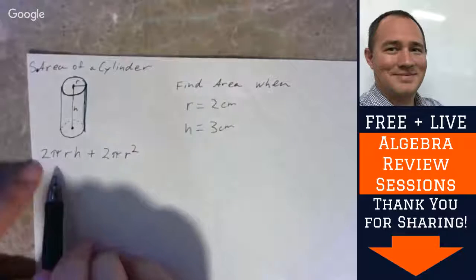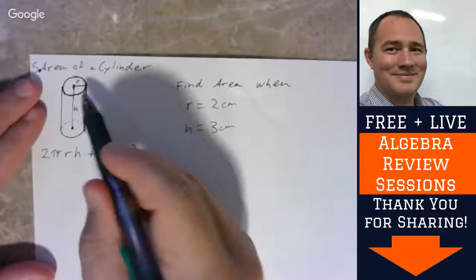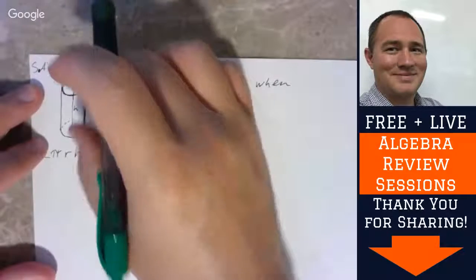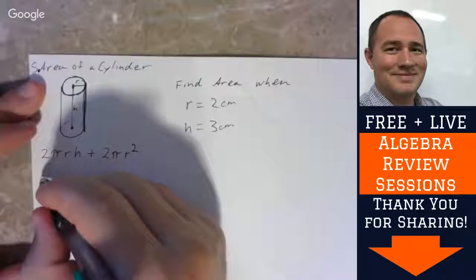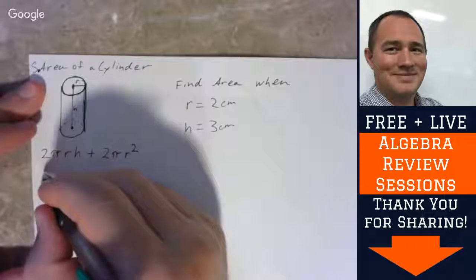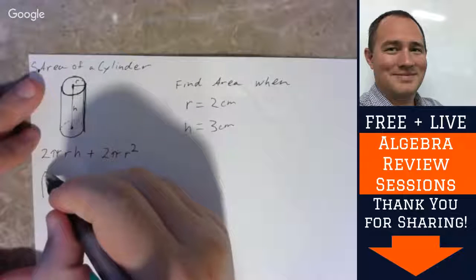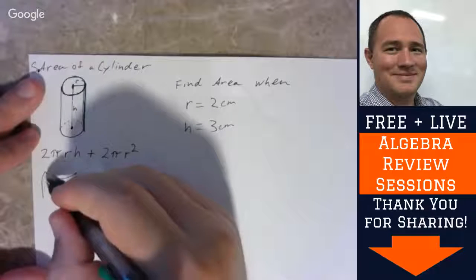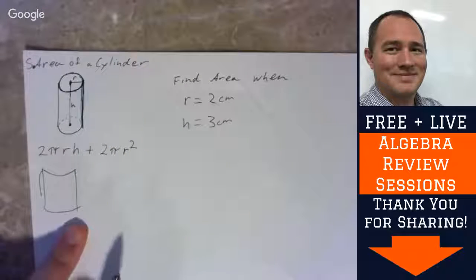And this is going to give us, if we were to unwrap this label and think of this like a soup can or something, if we were to take the label off of this soup can, we would actually end up with a rectangle. It's going to be rectangular in shape.